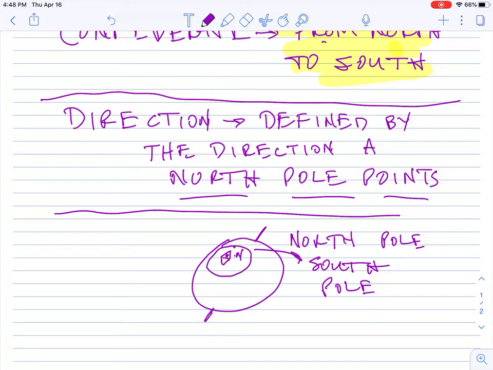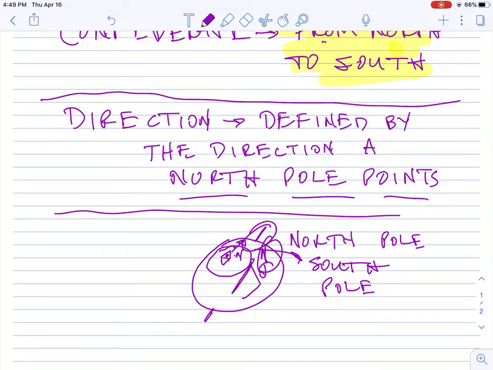When you define north, if you have an external magnet and it points in this direction, it's actually pointing towards a south pole. So what we call the north pole of the Earth is actually the south pole of a magnet that's inside of it.